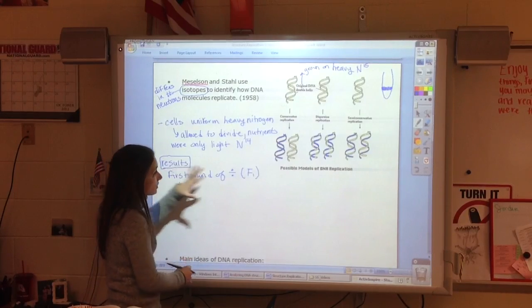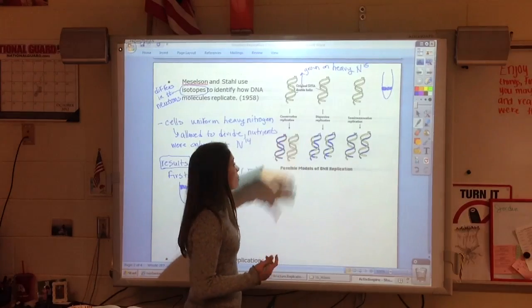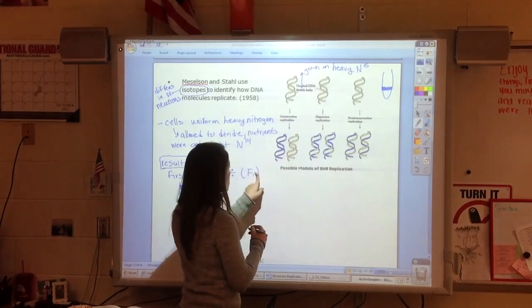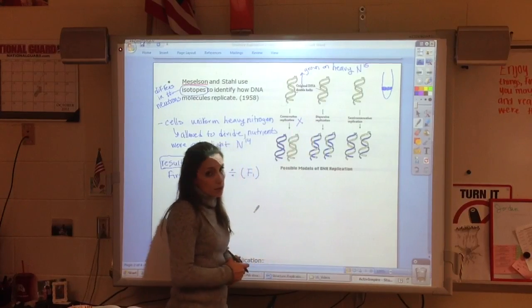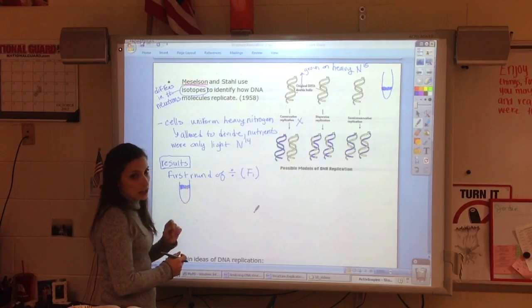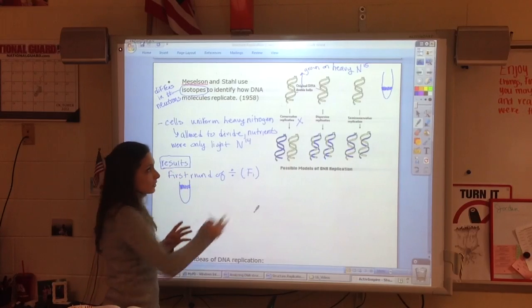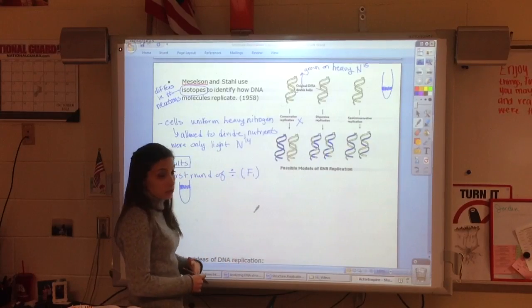So somehow the DNA strands were a mixture of the two. So this first round, the F1, actually proved that conservative replication is not what was happening. We didn't have some heavy and some light. Everything was medium. So now we're down to these two. So how do we prove which one it is of those two?